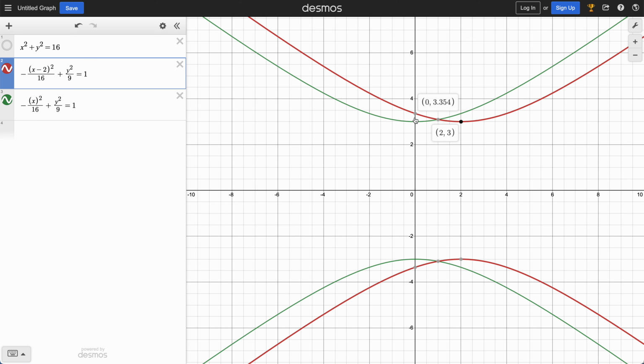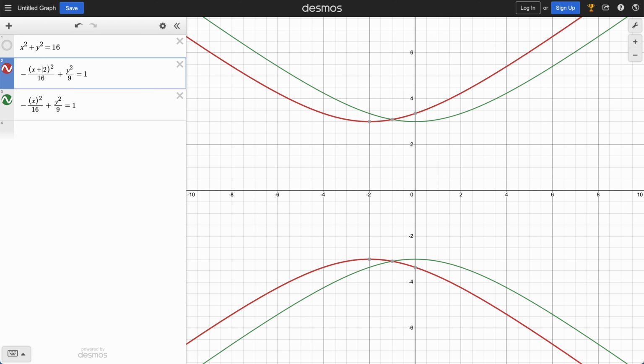What's the difference from (0, 3) to (2, 3)? I moved it by 2 units to the right. So subtraction, like we saw in the other conic sections, moves us to the right. If I want to add, it's going to move me to the left by 2 units.